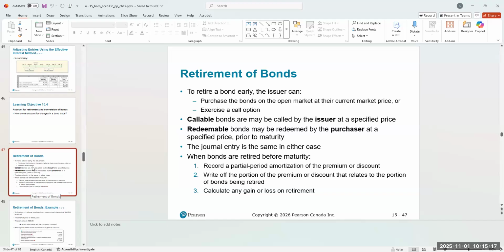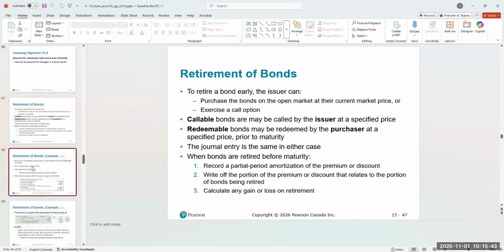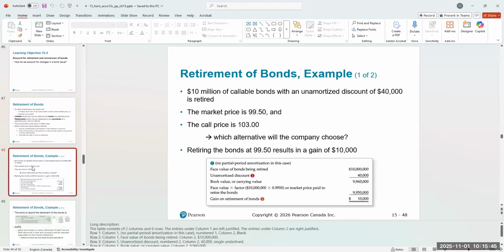So obviously, we're going to show the interest expense. We're going to show the amortization of the discount or bond premium. Then we're going to write off the portion of the premium or discount related to the end of the period of the bonds. And then we're going to calculate, is there any gain or loss? Calculation of the gain or loss is the last thing.